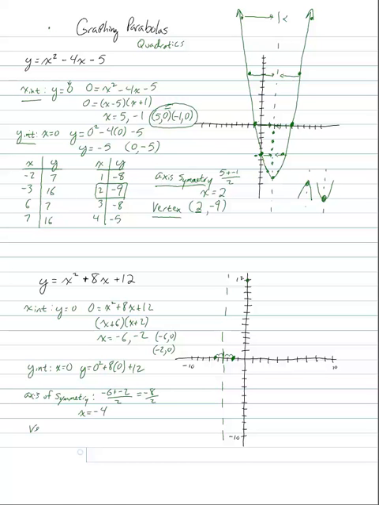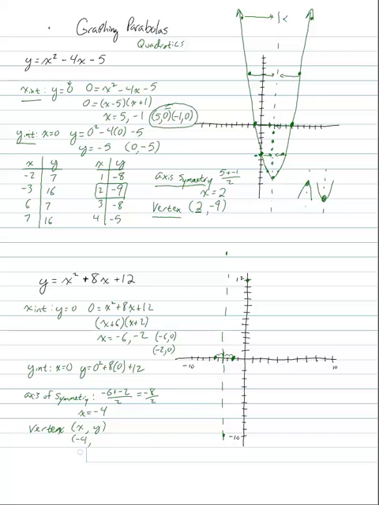And now I need to find out where this turnaround point is. So I know my x-coordinate is negative 4. I need to find out my y. I know that my vertex is somewhere along this axis of symmetry, somewhere along this line, but I don't know how high up it is, or how far down it is. So I can just sub that back into my original equation.